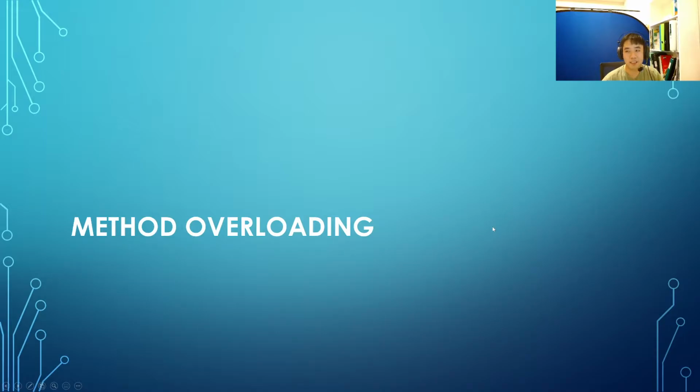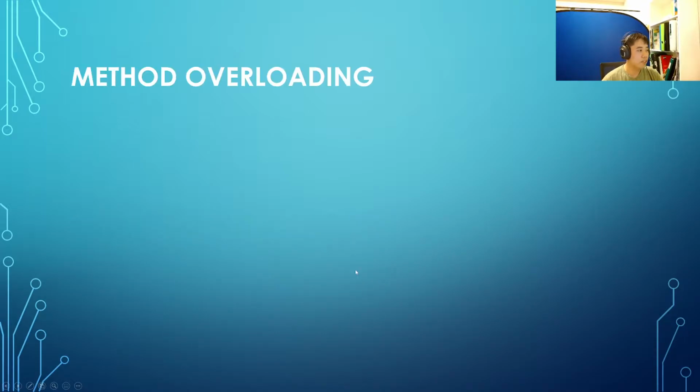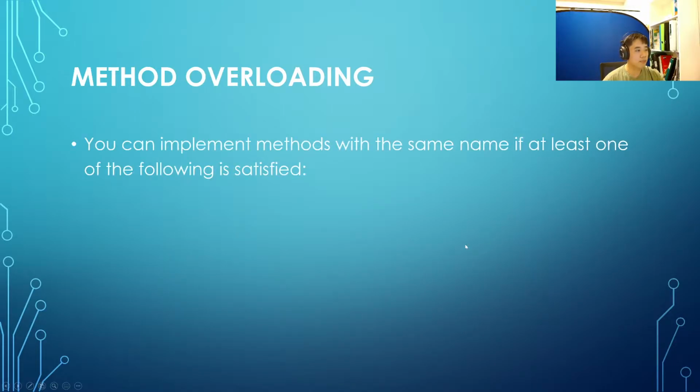All right, so let's start with method overloading. So what is method overloading? It's really similar to the constructor overloading I did last week. You can implement methods with the same name if at least one of the following is true. For example, the number of parameters are different, because that means it will give a different method signature.